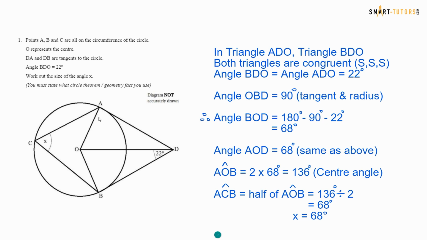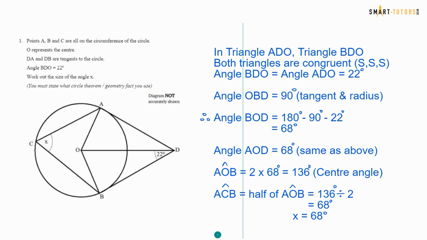First of all, these two triangles are going to be congruent, because this is 90 degrees and this is 90 degrees. On top of it, angle ADO is 22 degrees, so this is going to be 22 degrees as well.